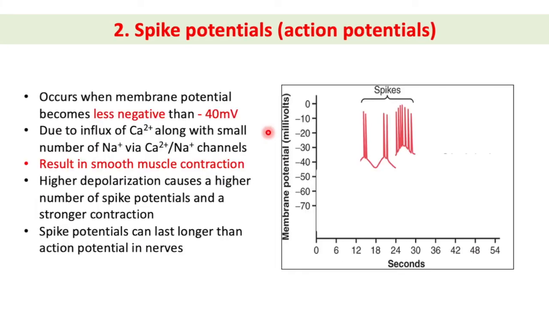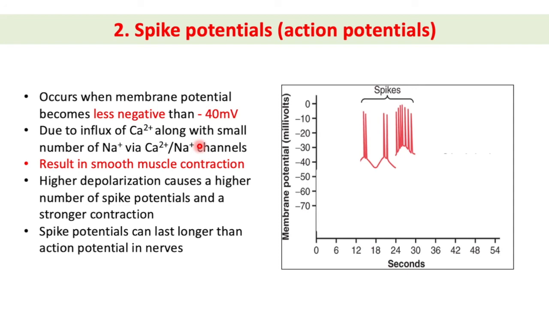Spike potentials or action potentials occur when the membrane potential becomes less negative than -40, meaning the potential becomes more positive. This is because there is calcium influx into the cell, together with a small amount of sodium via calcium-sodium channels. Remember that an increase in intracellular calcium will cause muscle contraction.